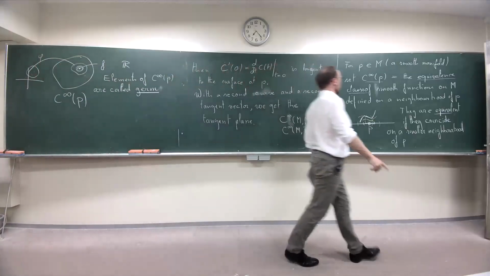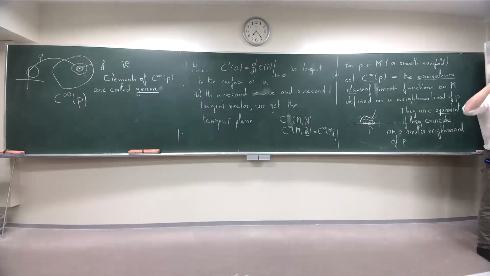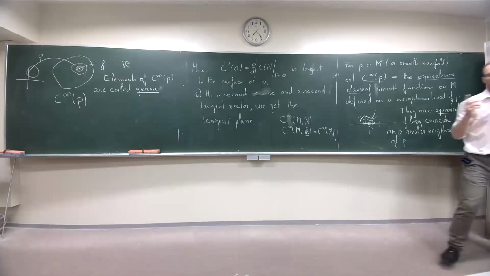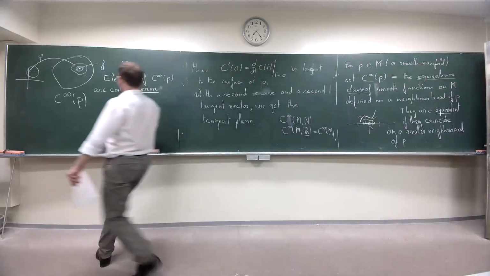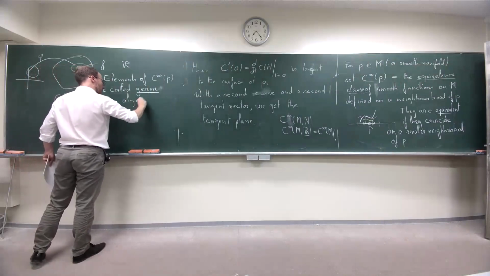Calculus 1, second course. When you have functions from anything to R, can you define an addition? Can you define the addition of two functions? Yes. So it is an algebra. Why?